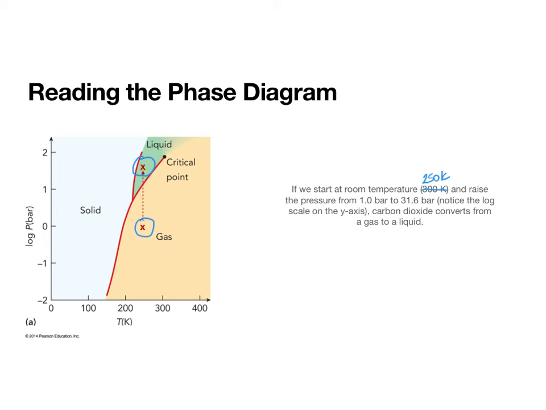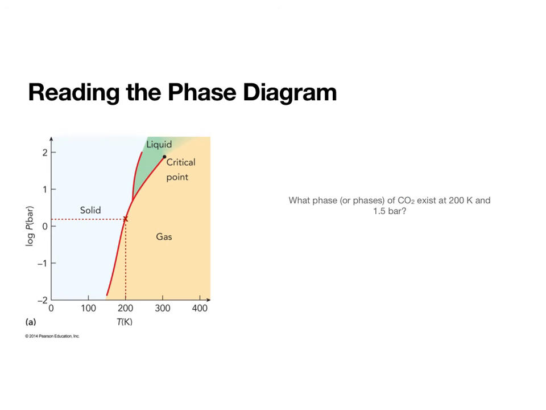And so we have condensation that occurs with changing those properties. Now, if we ask what phase of CO2 exists at 200 Kelvin and 1.5 bar, that lands us on this phase boundary. And so it is going to be a solid and a gas.